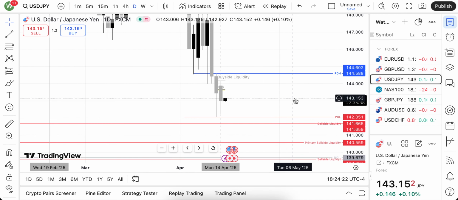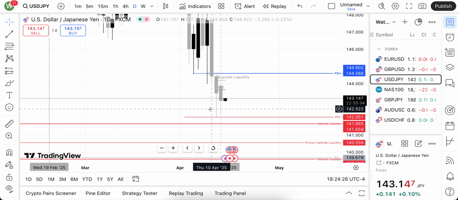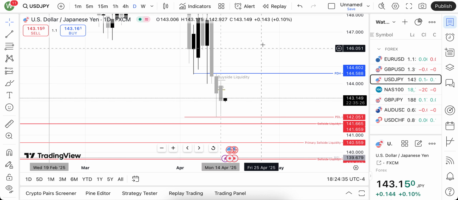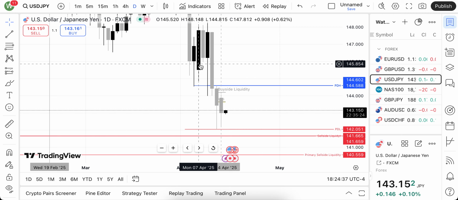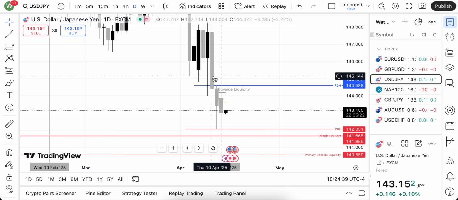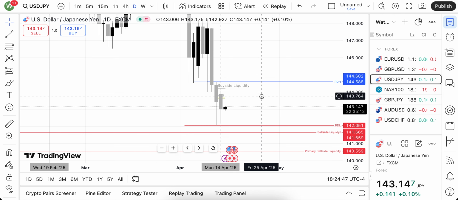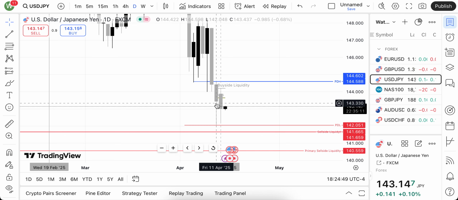What I did was I pretty much would look at the previous days. So this is Thursday, Friday, and Monday. Price was already showing very strong bearish movement, and it traded all the way down to this point.